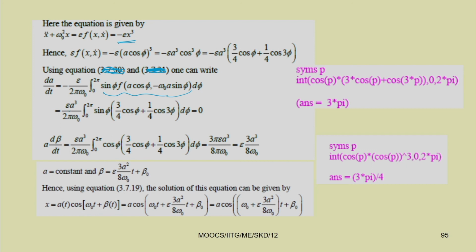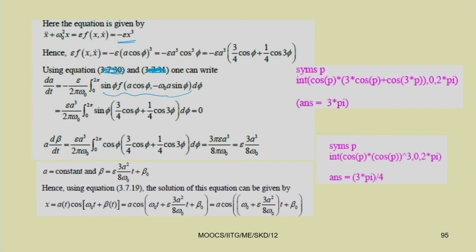So this becomes minus epsilon a cube by 2 pi omega 0, integral 0 to 2 pi of sin phi times (3 by 4 cos phi plus 1 by 4 cos 3 phi) d phi.